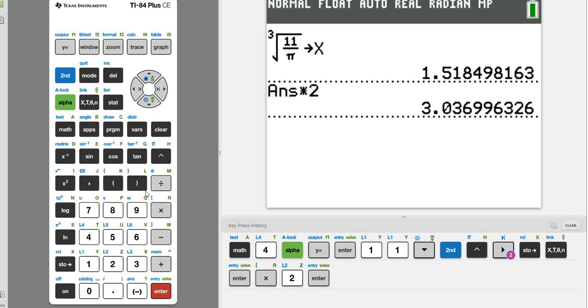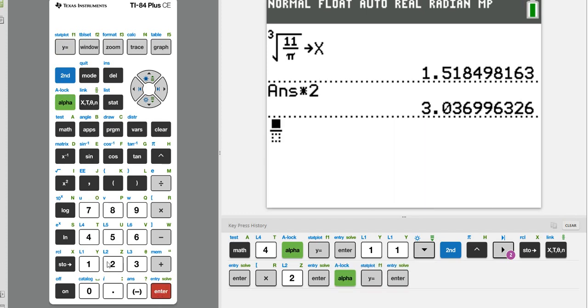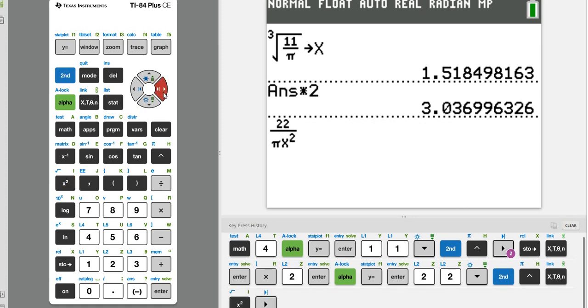Let's work on finding the height. For the height, I want to do this fraction, so alpha y equals again, 22 divided by pi x squared. And there's something interesting that happens when I compute this. Does anyone catch what was interesting?